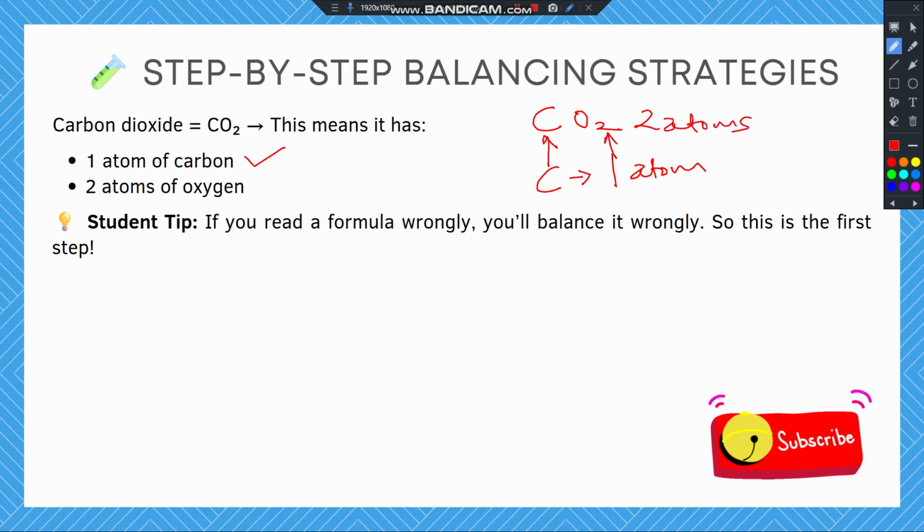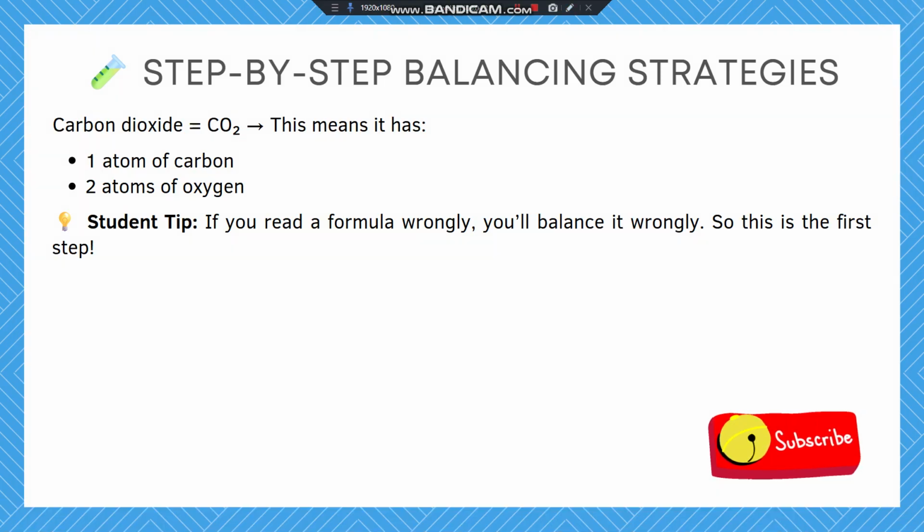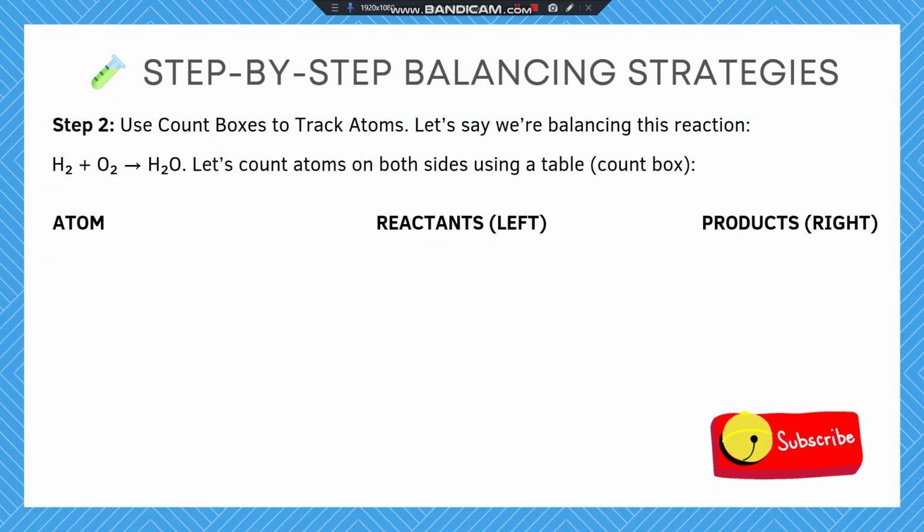So 1 atom of carbon and 2 atoms of oxygen are present in the formula CO2, which stands for carbon dioxide. So here is a tip. If you read a formula wrongly, you'll balance it wrongly. There are no 2 ways about it. So you need to be acquainted with the formula, because the formula is what you're going to be working with when balancing a chemical equation.